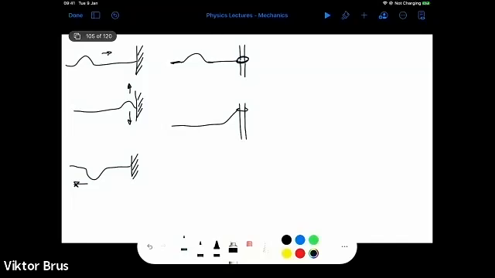And this will generate the same pulse, so it will not be inverted anymore, which will move in the opposite direction. So based on the conditions which the end of the string experiences in terms of how it is fixed, we can have two different reflected pulses. It can be either inverted or not inverted.